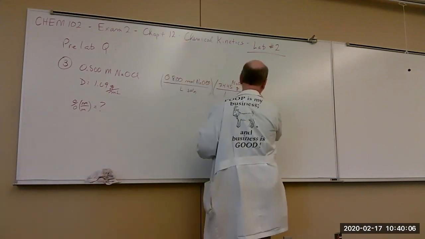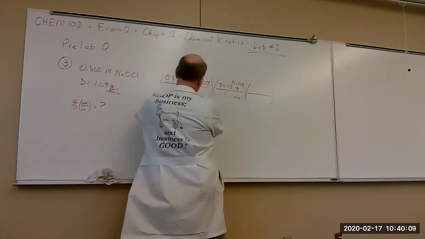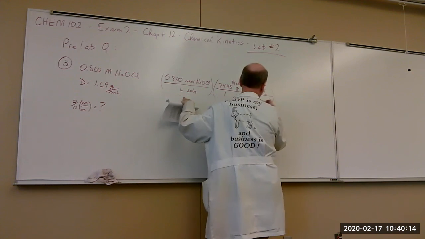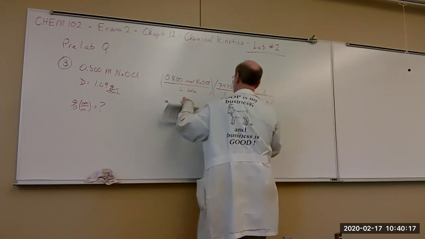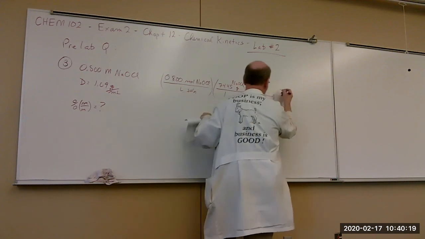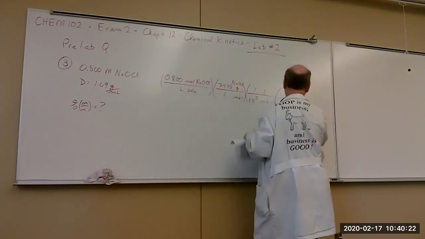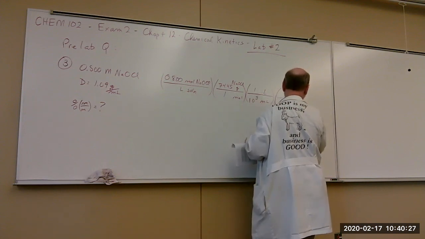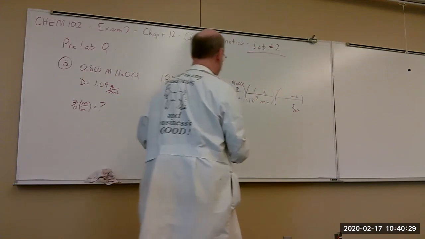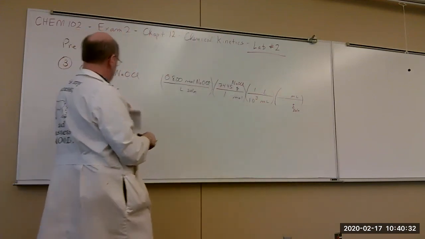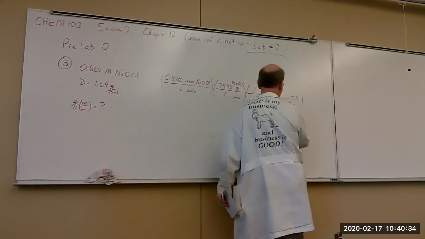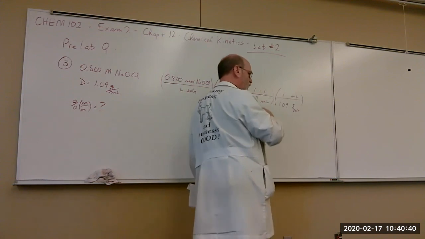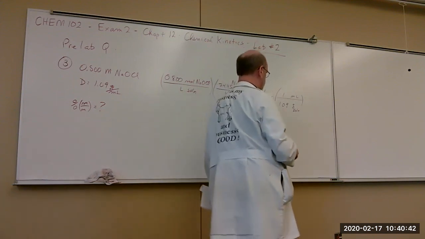Well, this is liters, so we're going to need milliliters, right? Because the density is in terms of milliliters. That's 1.09 grams per milliliter. But we want to know per 100 grams of solution.